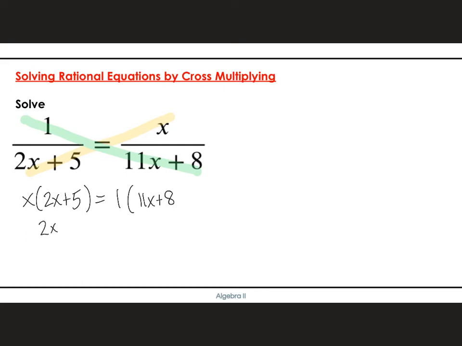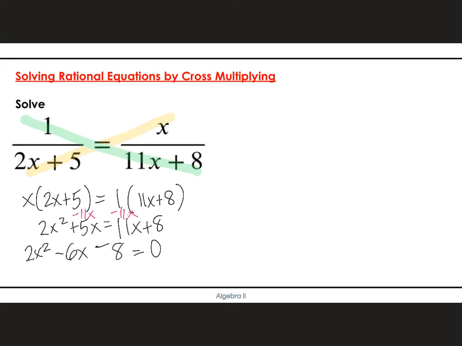So that is 2x squared plus 5x equals 11x plus 8. Since I have a squared, I need to make it equal to 0. So that's going to be 2x squared minus 6x minus 8 is equal to 0, because I subtracted 11x from both sides. So negative 11x plus 5x is negative 6x. That's where I got that from.